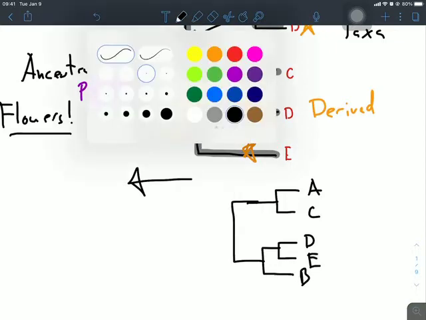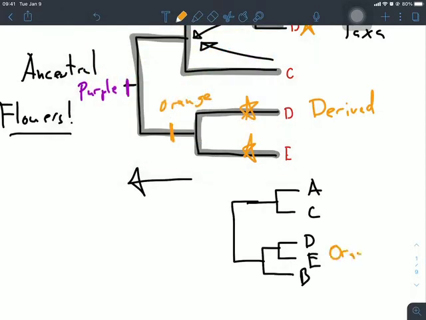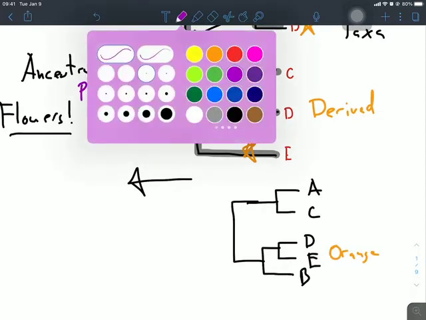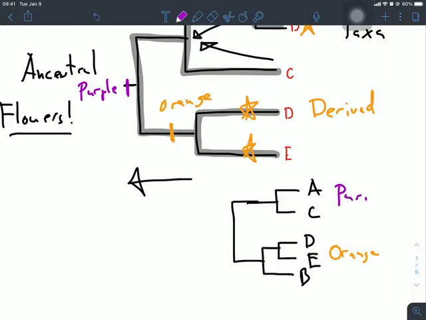This would allow us to group our orange flowers apart from our purple flowers.